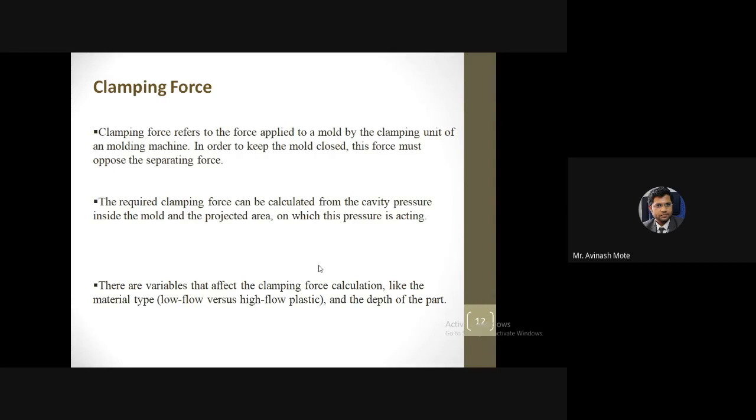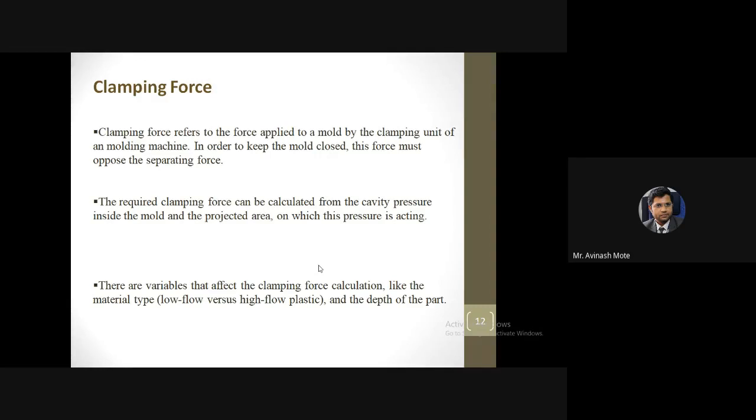But suppose we want to manufacture a product having a very high depth. For example, let's take the example of a bottle cap, or a plastic glass. In the case of a plastic glass, the wall thickness is small, but the depth of the glass is more.